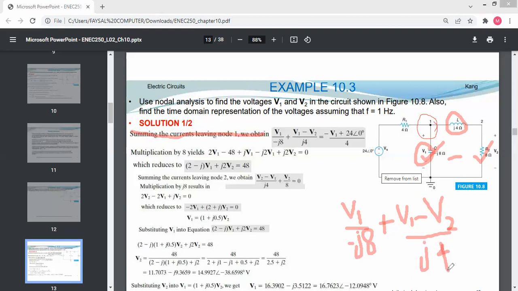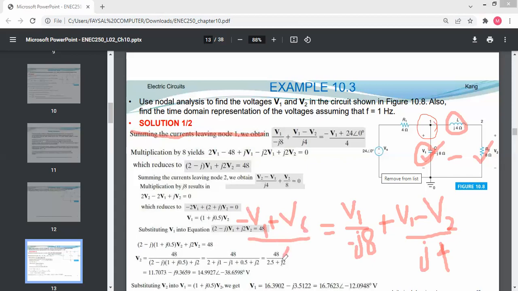Now I have to add both values. So it will be negative of V1 plus the value of Vs, divided by 4. So this value will equal negative of V1 plus the value of Vs divided by 4.